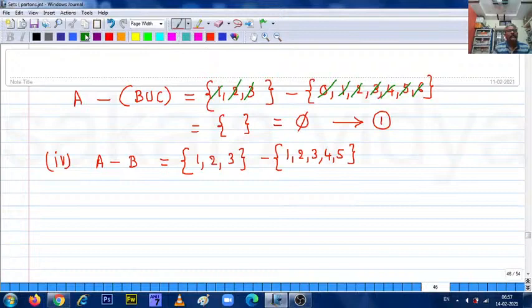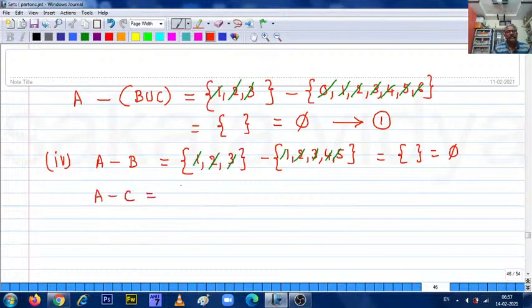So now what happens here? 1 and 1 cancel, 2 and 2 cancel, 3 and 3 cancel, and 4, 5 also. Here nothing will remain. This is also the null set phi. Now A minus C also we need to find out.